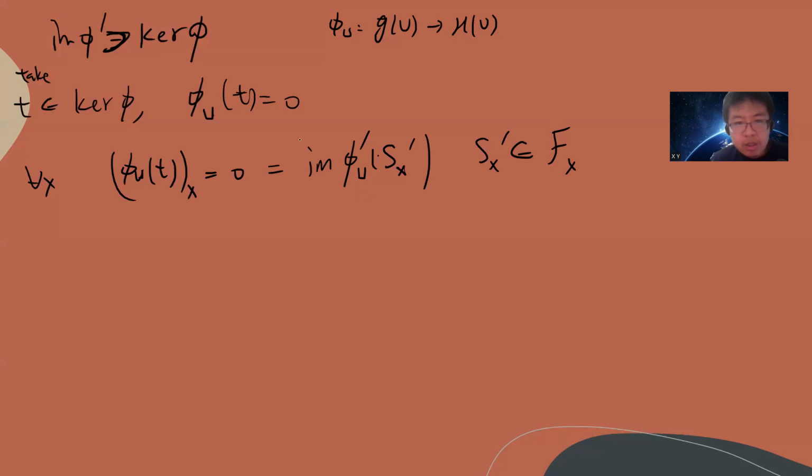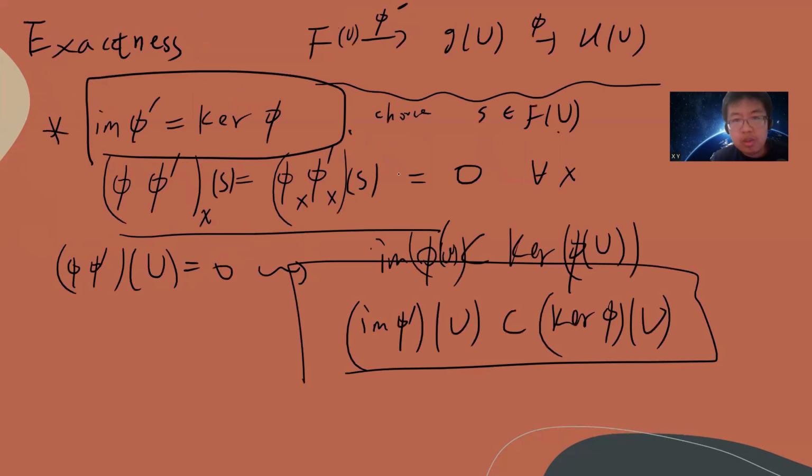By the definition of stalks, there will be a representative, so there is a small open set V of x, such that phi restricted to V_x is as we have.